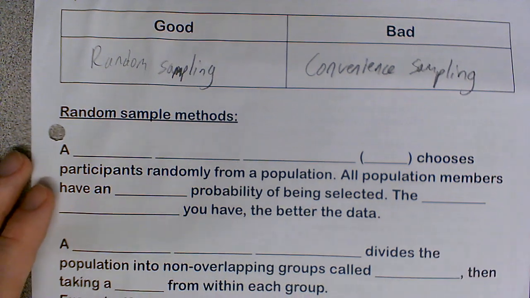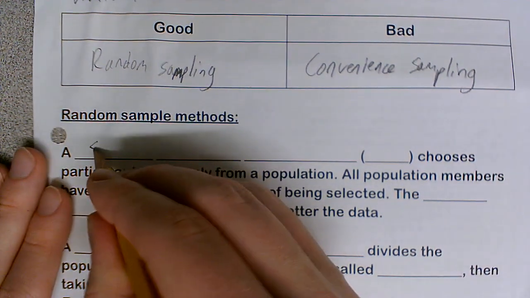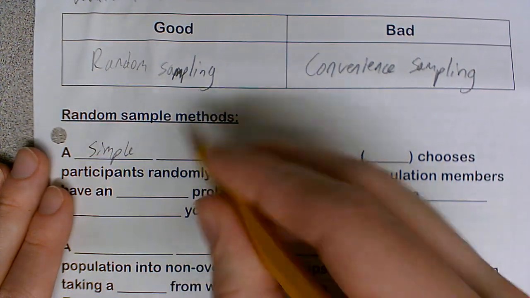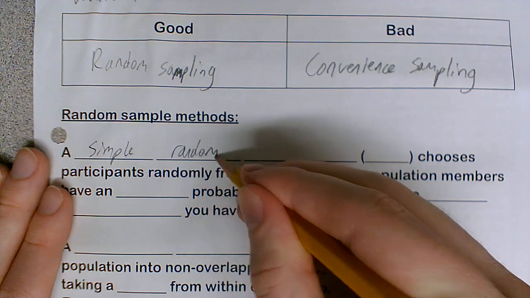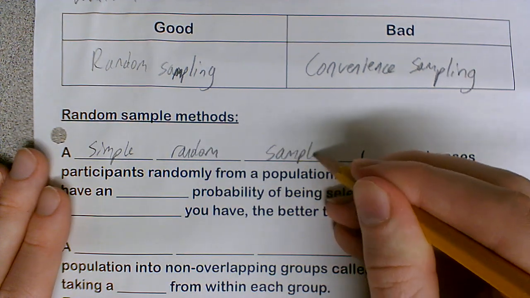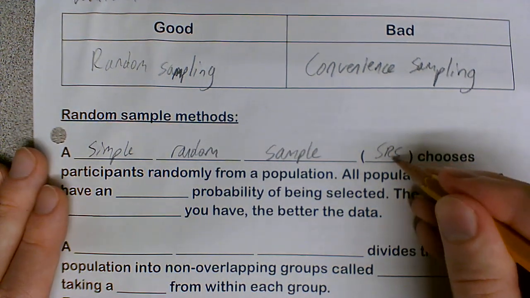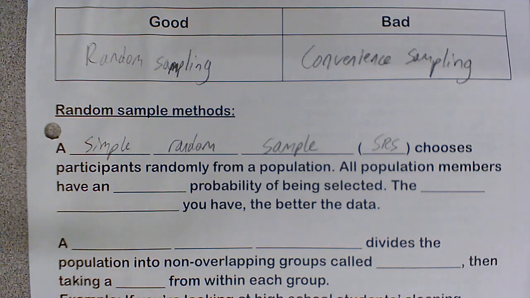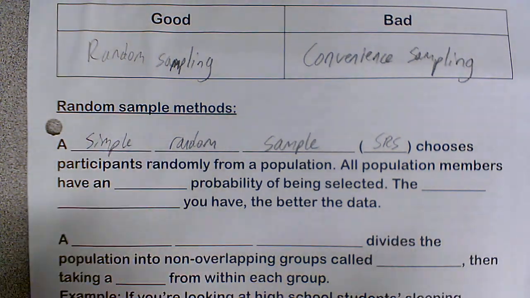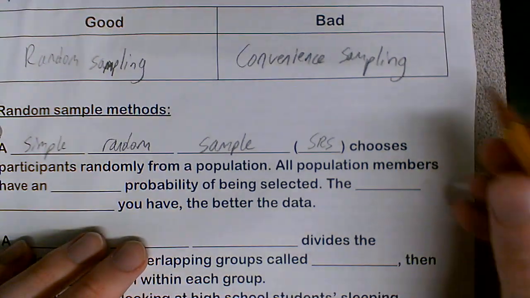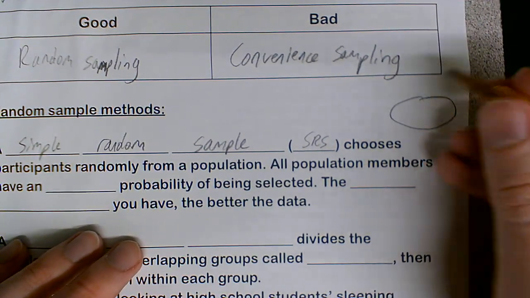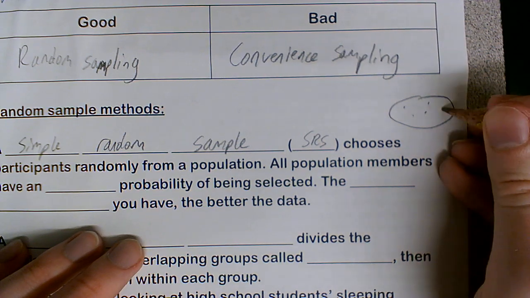Okay, so the first method of random sampling is called a simple random sample, also known as an SRS. Now a simple random sample is if you have a population, then you basically take random people from that population.